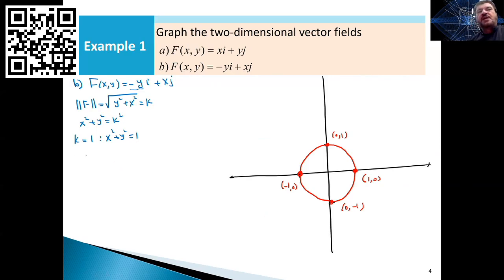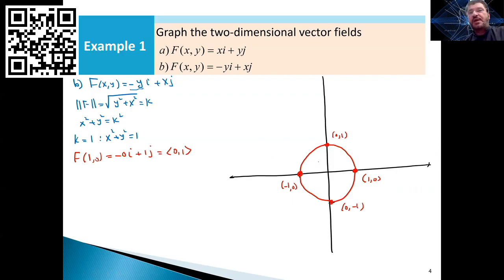Alrighty. Now, let's find the field at the point here, (1, 0). All right, what's f of (1, 0)? Be careful now. The formula says minus y, so it's minus 0i plus x is 1, so 1j, and this is (0, 1).